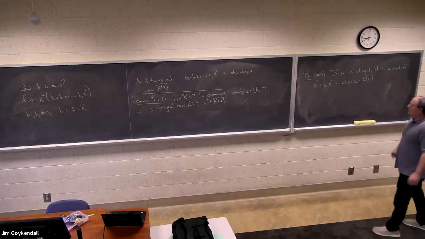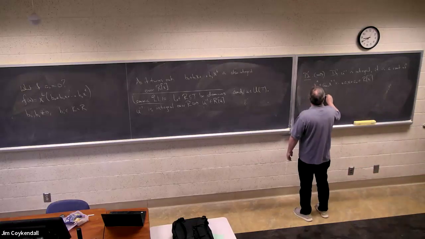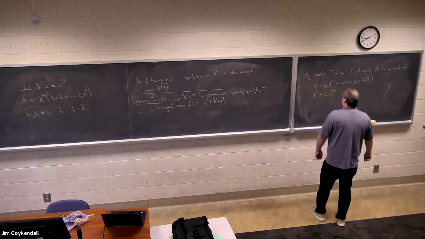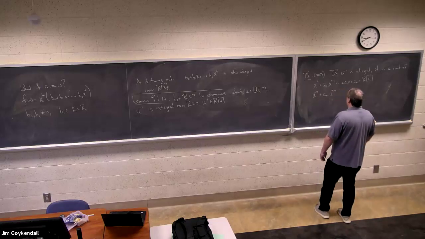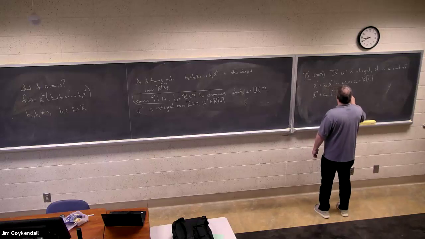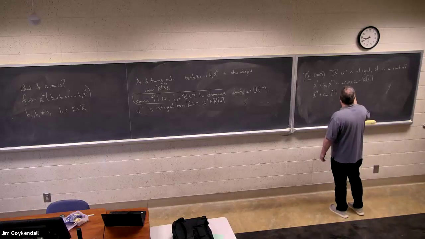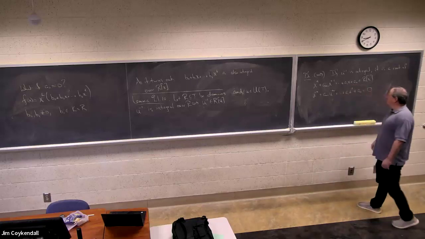And so let's just see what that means. This means that u^{-n} plus a_{n-1} u^{-n+1} plus ... plus a_1 u^{-1} plus a_0 equals zero.